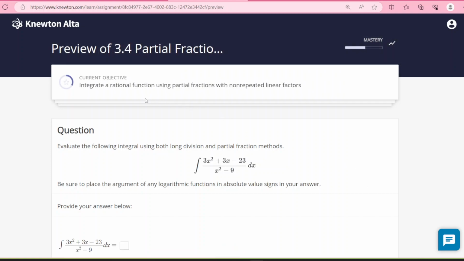Moving on. All right, so we're back to the objective with non-repeated linear factors. So let's write this out. Look at this one. It's improper to start. See, the degree of the numerator is not less than the degree of the denominator. So, like way back early on in the video, I have to start with long division first, and then we'll look at the integral of the remainder over divisor, the proper fraction that comes from that.